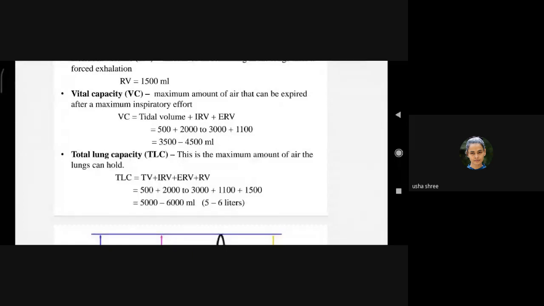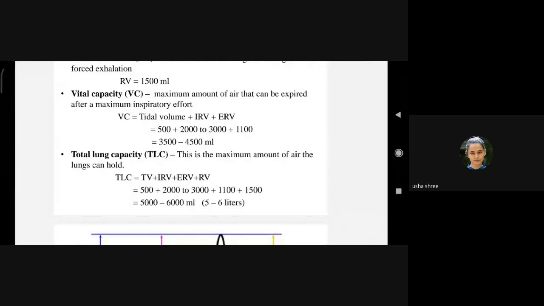And what do we breathe? 500 ml only. The capacity of our lungs is 10 to 15 times more than what we breathe. So, utilize your lungs fully.